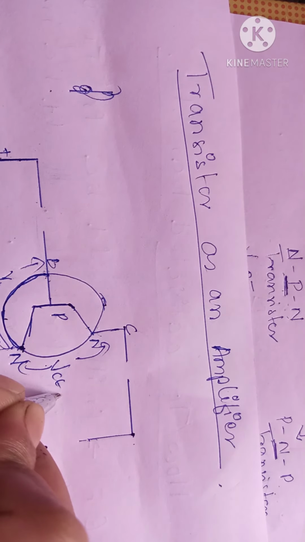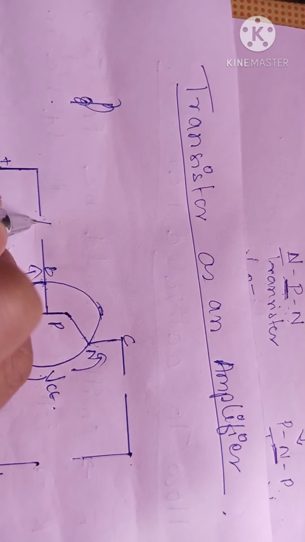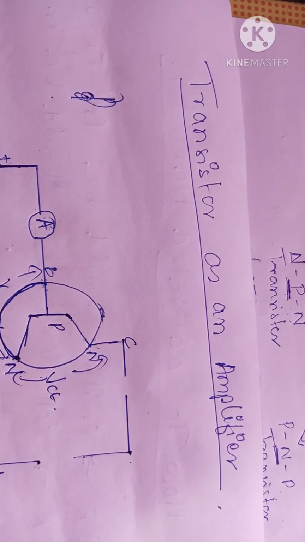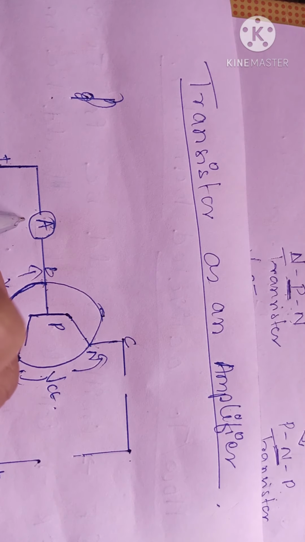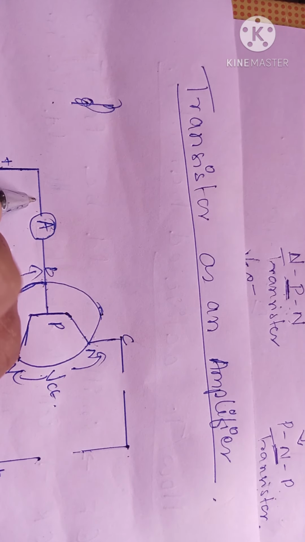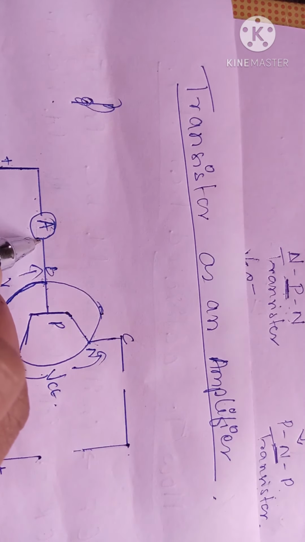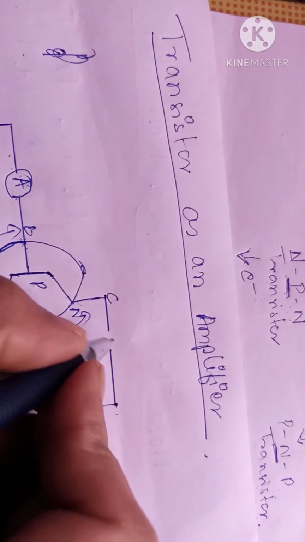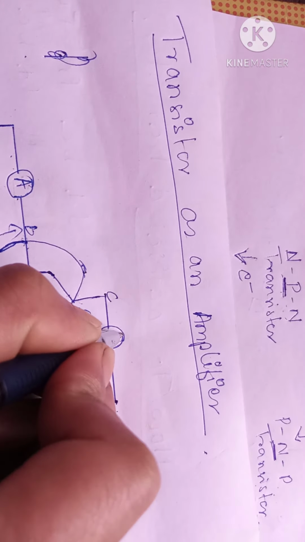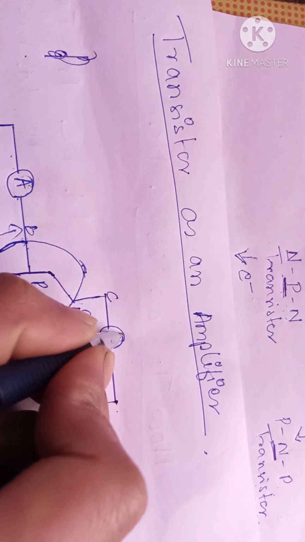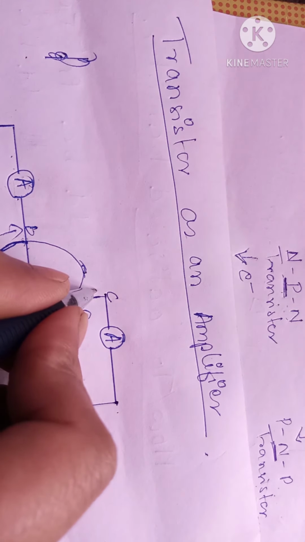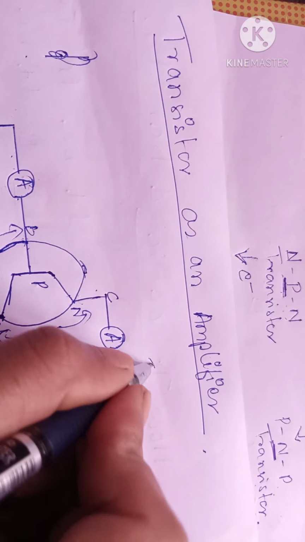Suppose here is an ammeter connected on the base side, which is measuring the base current IB, and another ammeter is connected at the collector side, which measures our collector current IC.